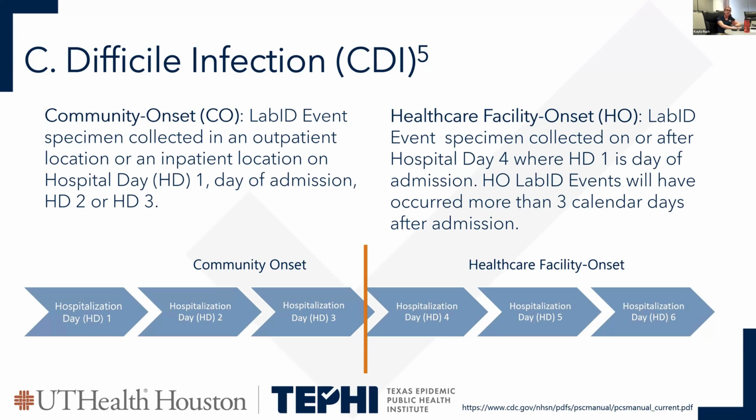That also goes for your MRSA events as well. They use the third calendar day, not the second. So make sure that you're working it up and that you're only counting the true positives on the 4th day of hospitalization. So that calendar day of the 4th day gets you eligible for having a C. diff associated event related to a healthcare acquired infection.